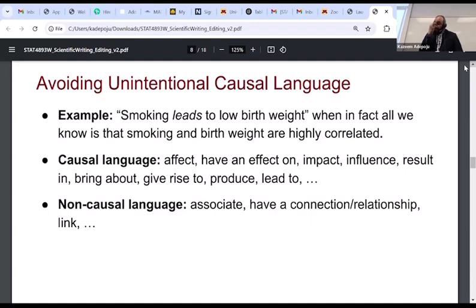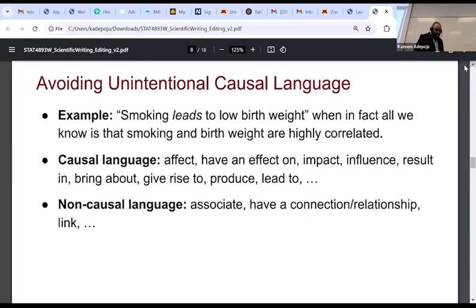Okay, that is different from when you say it impacts or it influences or it leads to. Avoid the use of those phrases. Those phrases are classified as unintentional causal language that shouldn't be used.